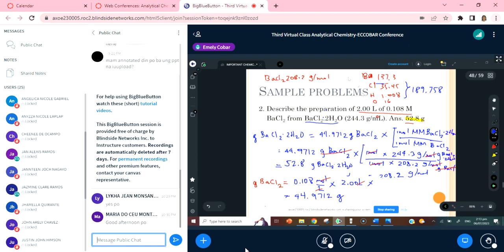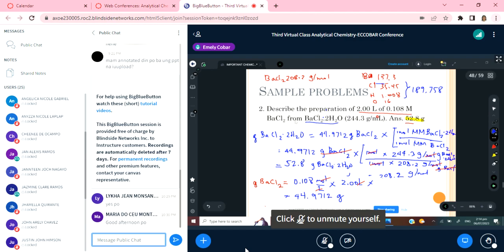Class, look at this problem. Describe the preparation of 2.00 liter of 0.108 molar barium chloride.